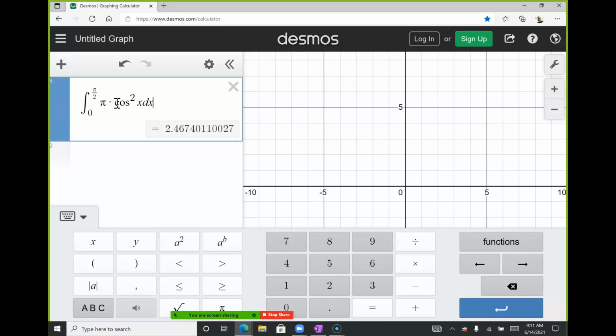And there it is, 2.4674. It's like instant. So much quicker on Desmos, but I showed you how to do it on your calculator. So if you forgot, you can always Google definite integrals on TI-84, whatever you have, right?